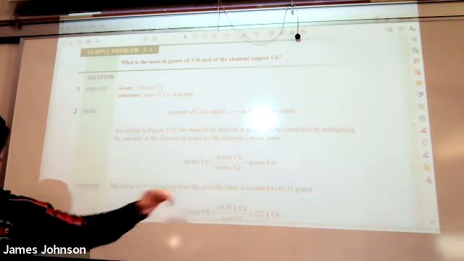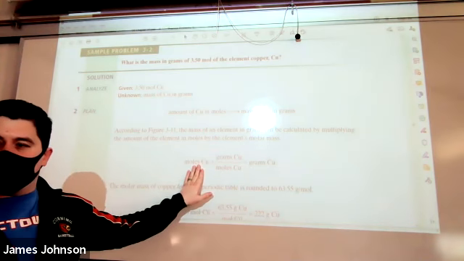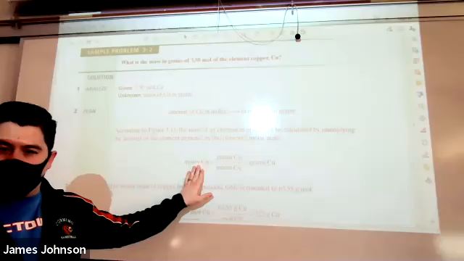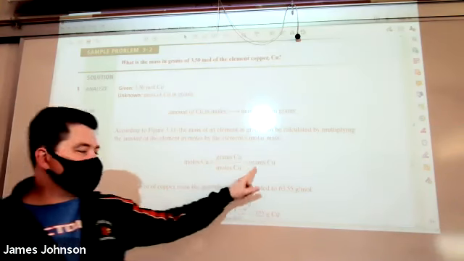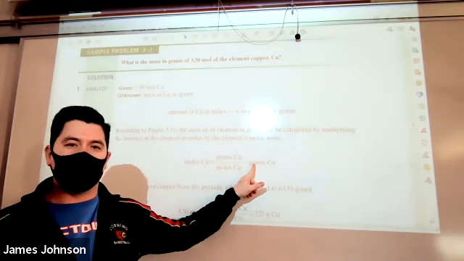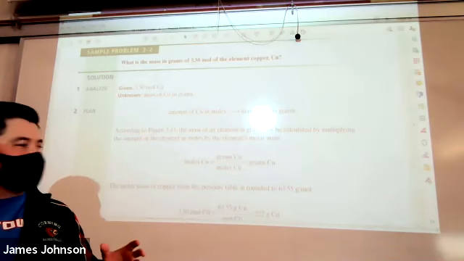Remember, we're not allowed to change the value of what we've been given, the actual value of what it represents in reality. Even though we can change the unit with which we are communicating that information, the actual value has to stay the same.